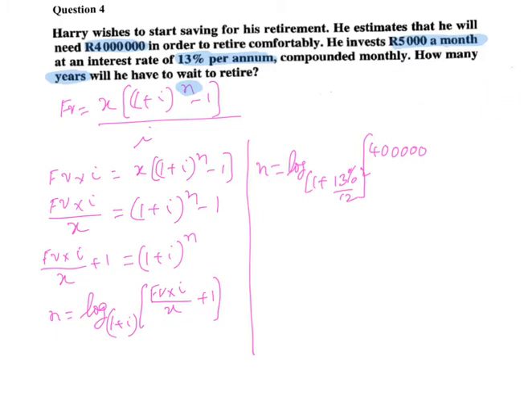Times 13% divided by 12, divided by x, which is 5,000, and then plus 1. This plus 1 is outside this fraction. So be very careful when I input this value in the calculator.